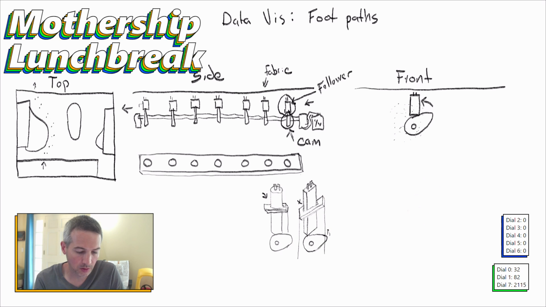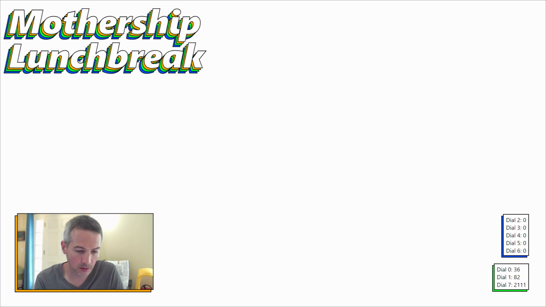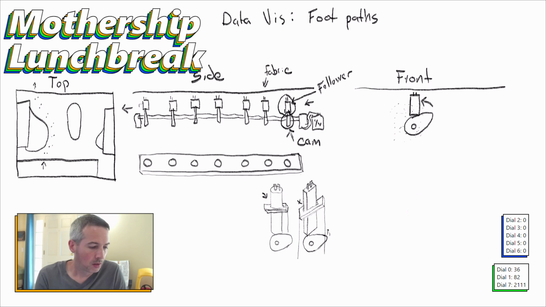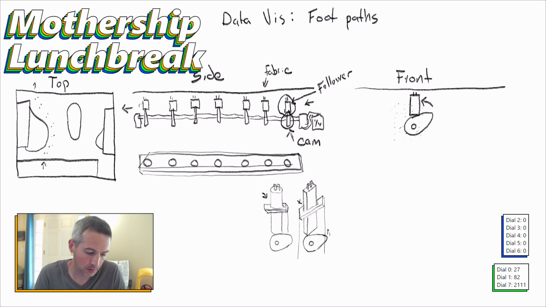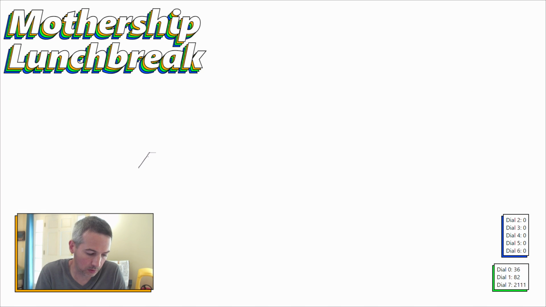So if we had this guy, we had this thing right here, and this is on a new layer. So if I had this and it went this way, yeah, that's what I want. So this is gonna come across.